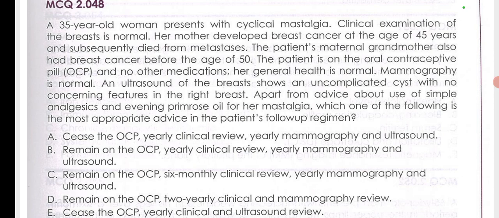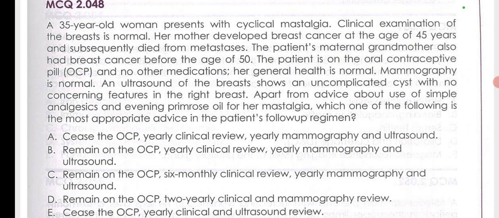A 35-year-old woman presents with cyclical mastalgia. Clinical examination of the breast is normal. Her mother developed breast cancer at the age of 45 years and subsequently died from metastasis. The patient's maternal grandmother also had breast cancer before the age of 50. The patient is on the oral contraceptive and no other medication.